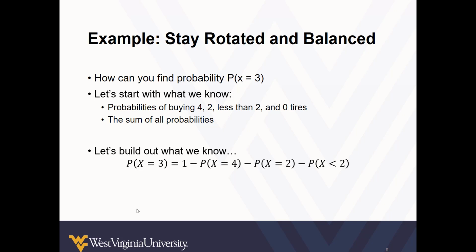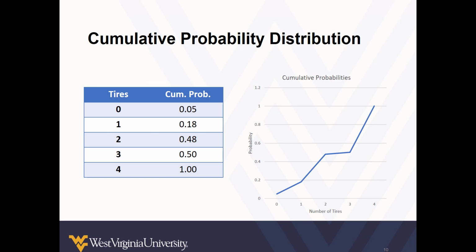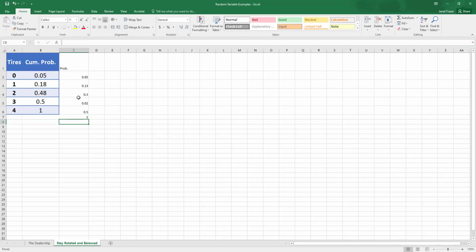So we can use this equation where we subtract from 1 the probability of 4, 2, and less than 2 tires. Or we can deconstruct that cumulative probability, which, I don't know, that worked out pretty well. So here we see the probability of buying 3 tires is 0.02.